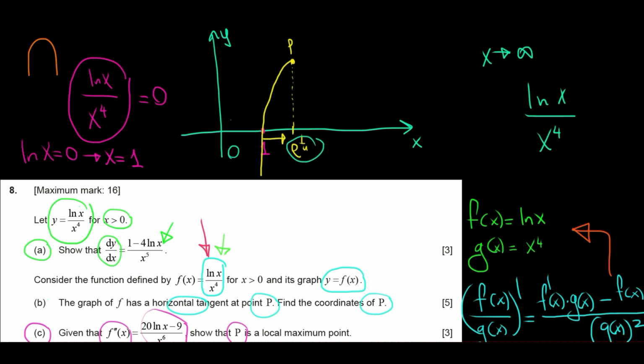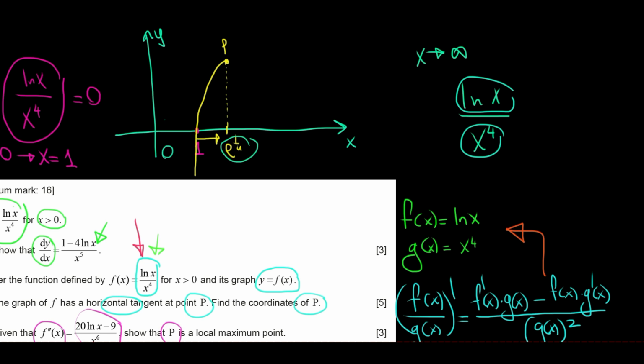However, if we think about each component of this function, ln of x and x to the power 4, what happens? If you put very large values in, ln of x will increase, but it will not increase towards very large numbers. Whereas if you put x to the power 4, even if you put 10 to the power 4, that's already 10,000. Imagine if you put 100 to the power 4, that's an absurdly large number.